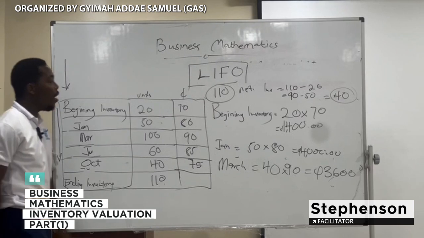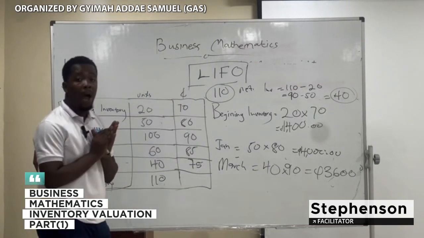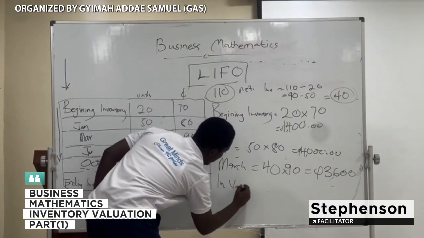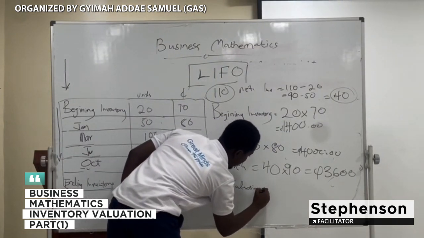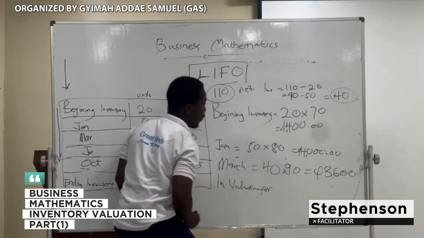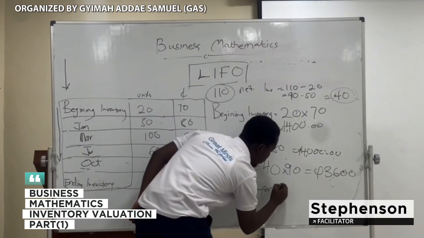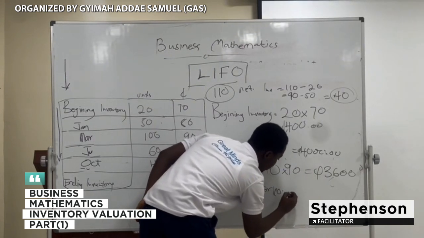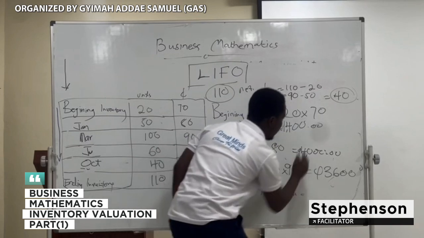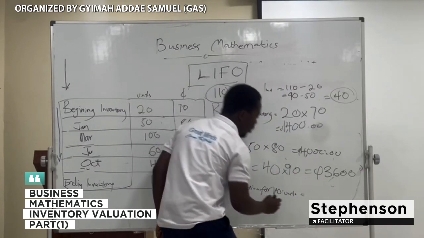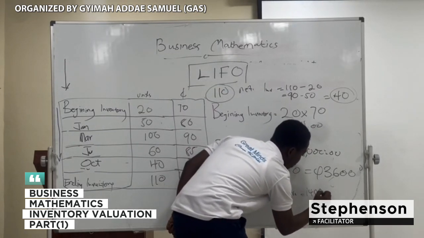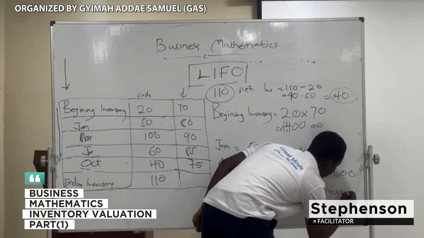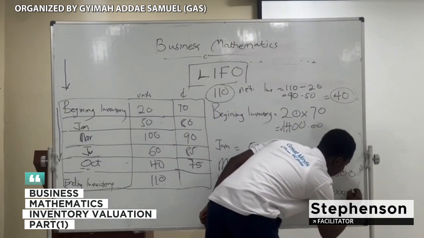What then do we do? We have to sum everything up to get our total inventory valuation. So our inventory valuation for 110 units is 1,400 plus 4,000 plus 3,600.